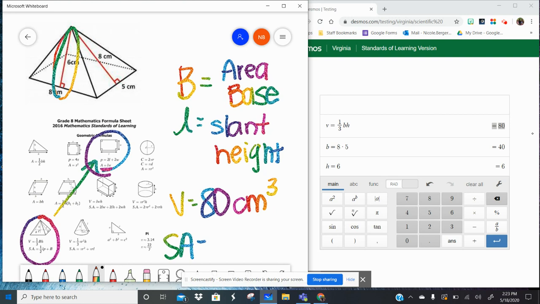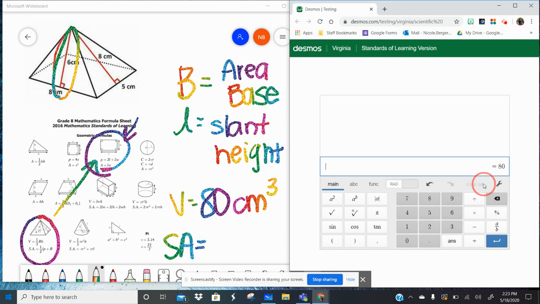For surface area, I have 1/2 LP plus big B. What is happening there? Remember, the little p stands for perimeter. Again, I can come back up here to the rectangle on my formula sheet and find how to calculate perimeter. So 2 length plus 2W, right?